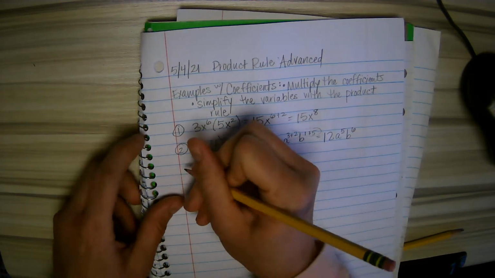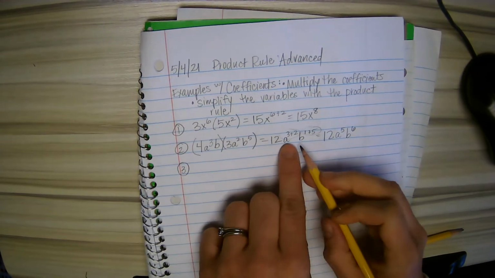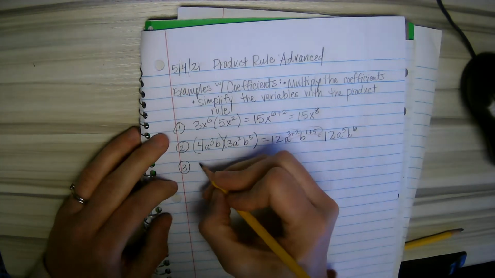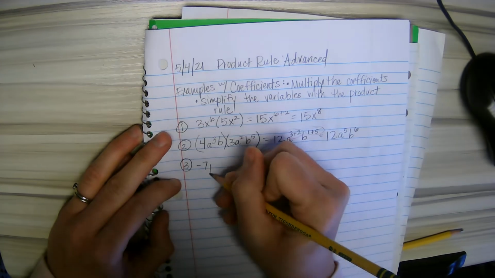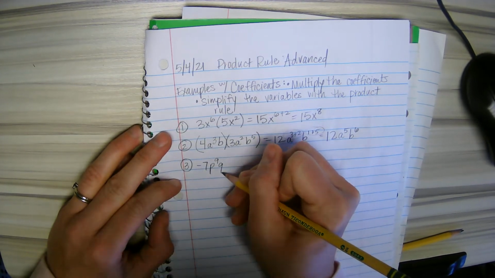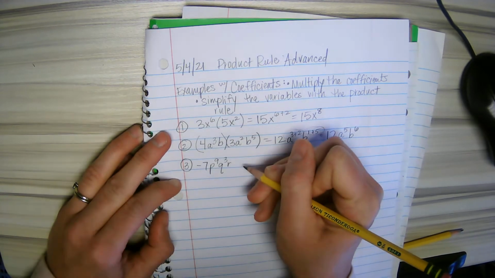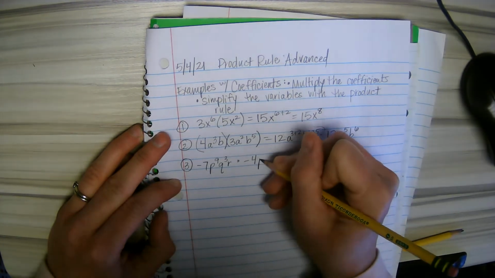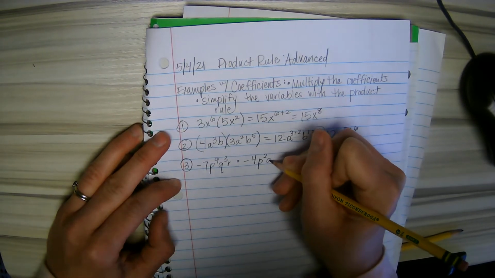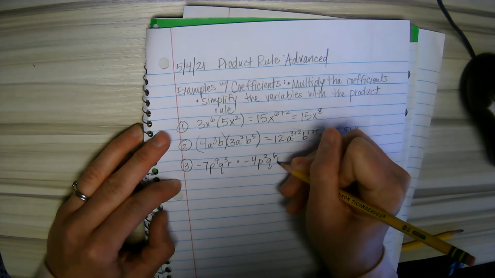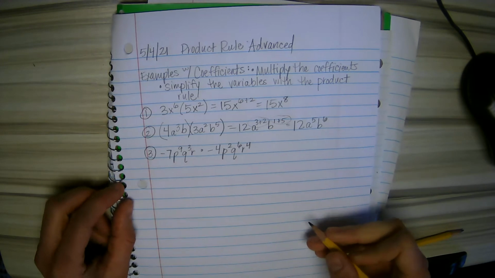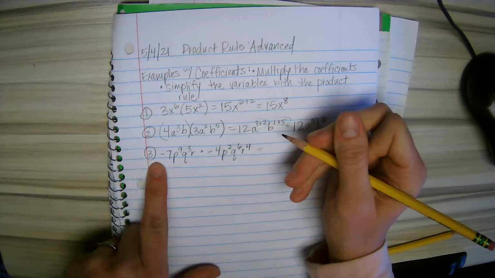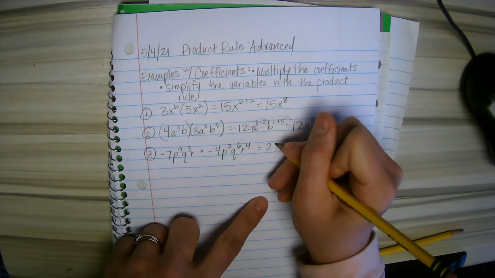Eventually, if you stay organized and go step by step, you won't need to show this part, right? But let's do a couple more showing that step. So what if I had negative 7 p to the 9th power q to the 3rd power r times negative 4 p to the 2nd power q to the 6th power r to the 4th power. Okay, so first we would multiply the coefficients. Negative 7 times negative 4. When we have two negatives, it's positive, and 7 times 4 is 28.